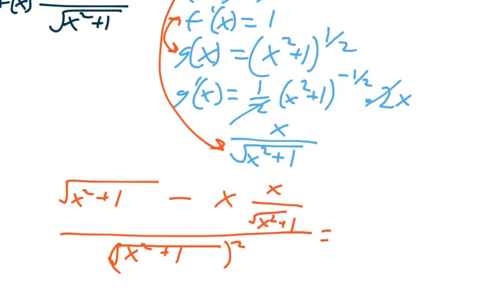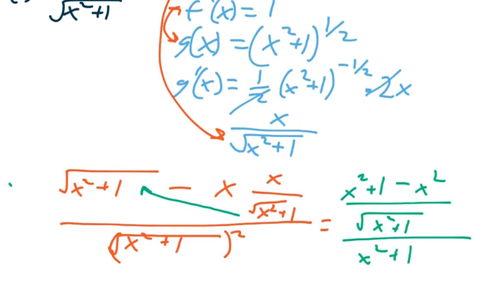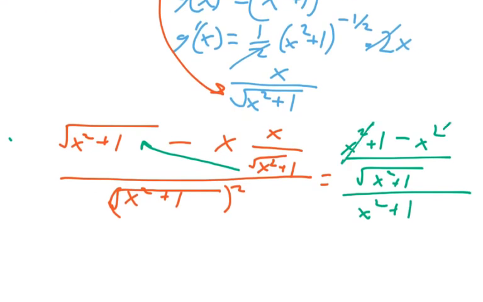So when I get the common denominator, I need to multiply this up here. So I get x squared plus 1 minus x squared over the square root of x squared plus 1 over regular old x squared plus 1. X squared minus x squared cancels out.